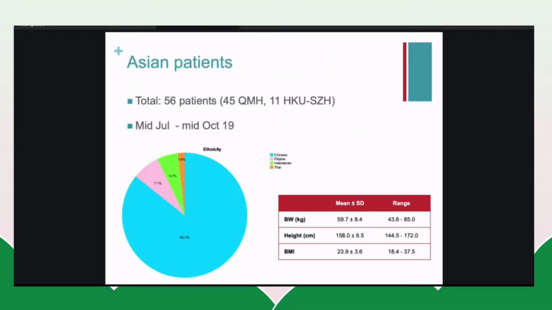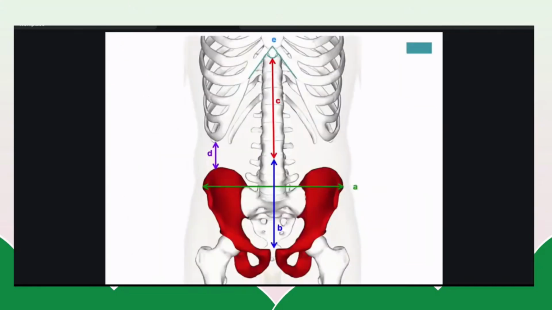In fact, we conducted a little survey a couple of years ago that included about 50 patients. And we looked at the distance between different body landmarks. The average body weight is about 60 kilograms, and the average BMI is about 24, so pretty standard. So this is the angle here.